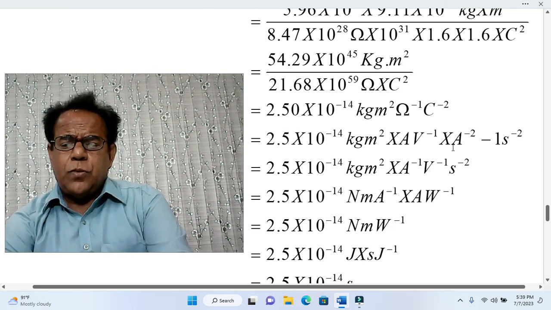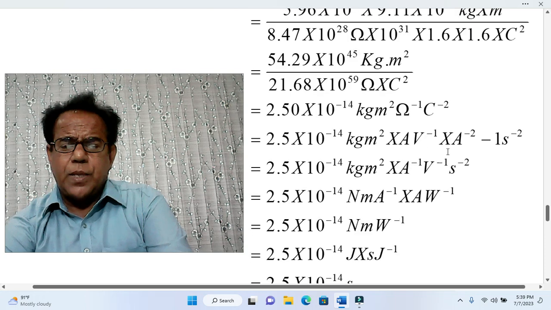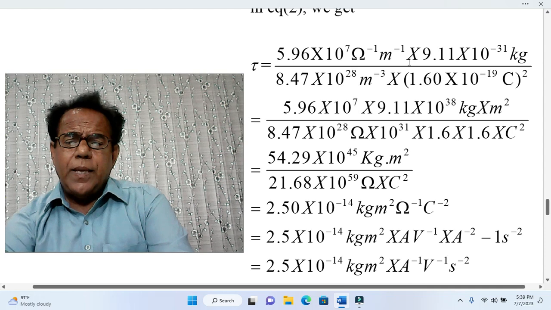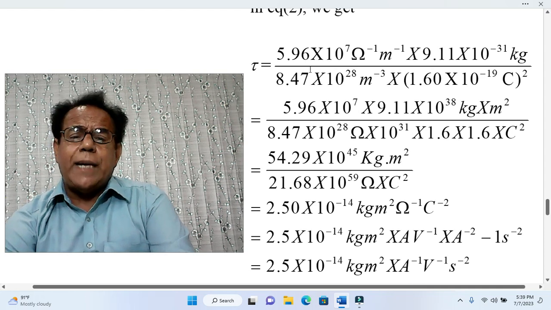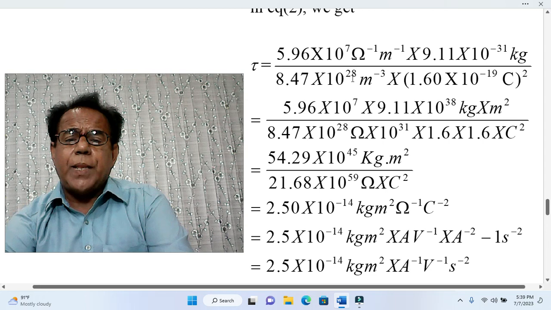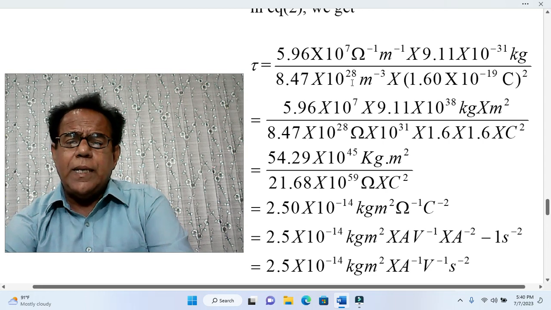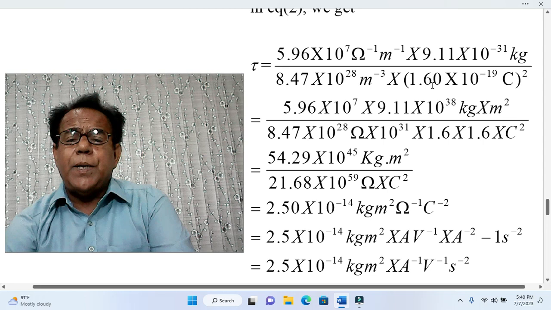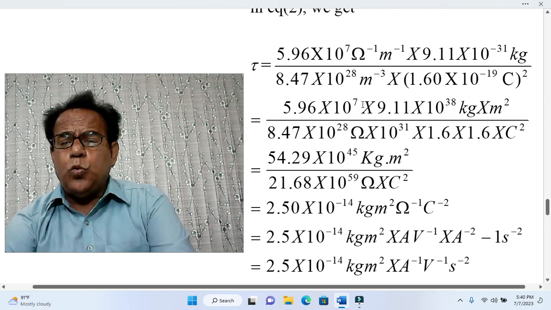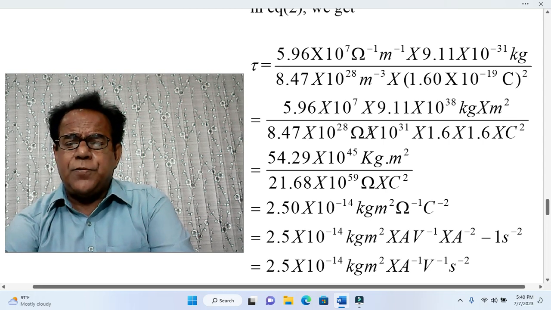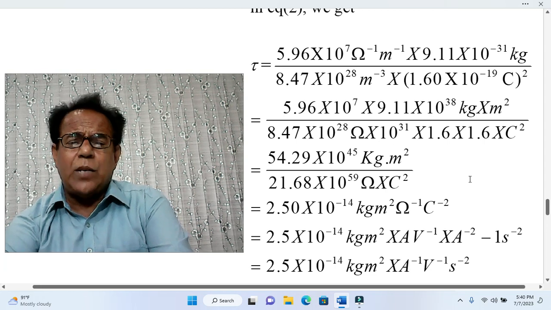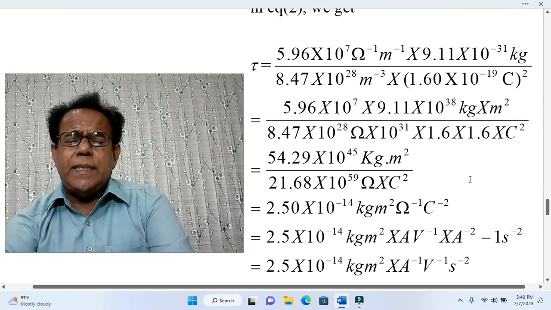So dear students, as far as numbering is concerned, this is a very simple calculation, but the units involved are complicated and they are converted to other units frequently. From this point of view, this calculation is slightly complicated.